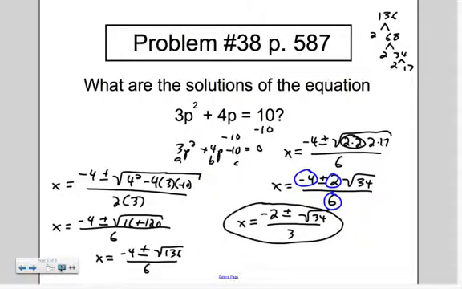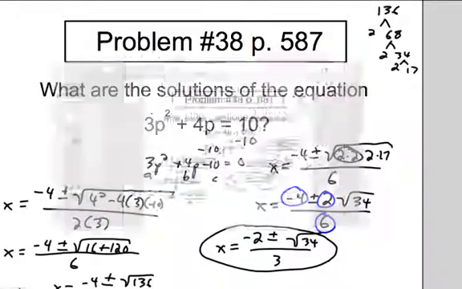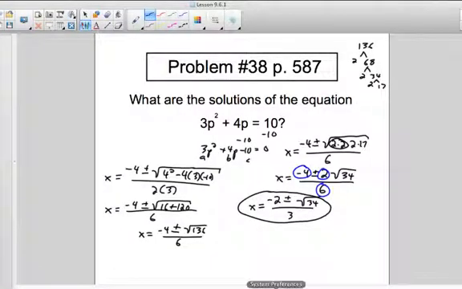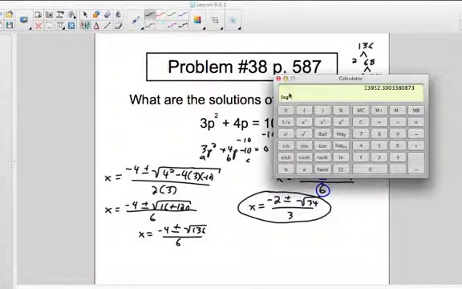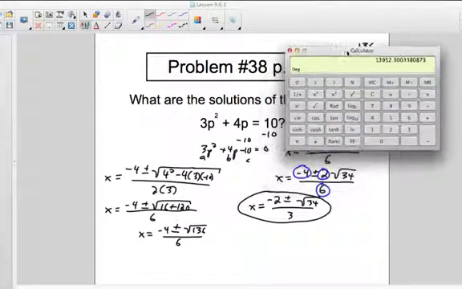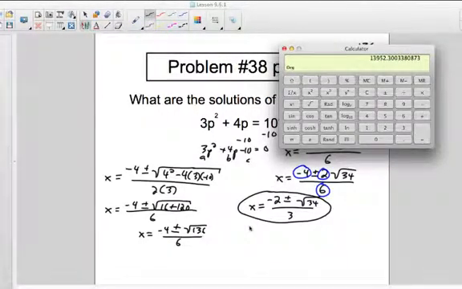But there's also another way that we can do that, and we can go through with the calculator. So we're going to pull up the calculator. Okay, we have our calculator. Now we're going to take the square root of 34.